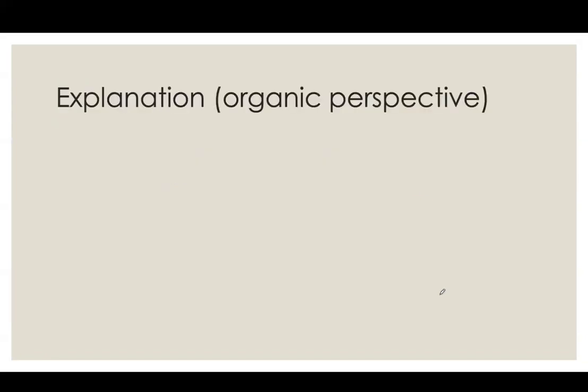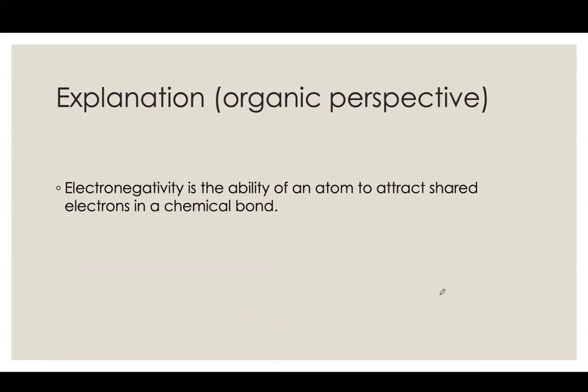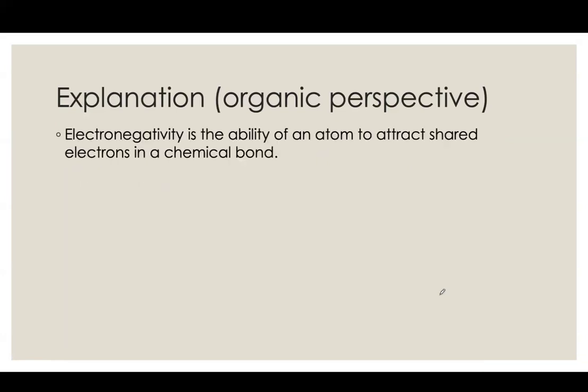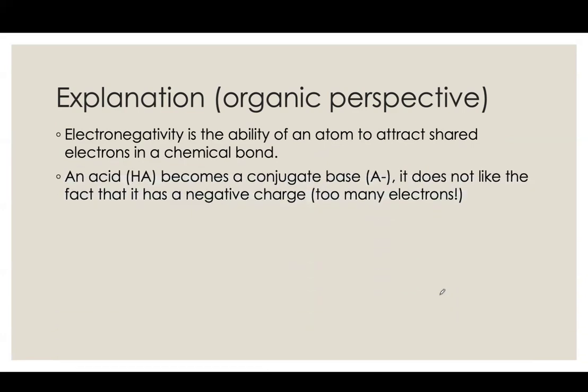What does that mean? Electronegativity is the ability of an atom to attract shared electrons in a chemical bond. An acid HA becomes a conjugate base, A minus. It does not like the fact that the conjugate base has a negative charge. In other words, you can see that atoms or molecules are unhappy because of the negative charge after the acid gives away a hydrogen.